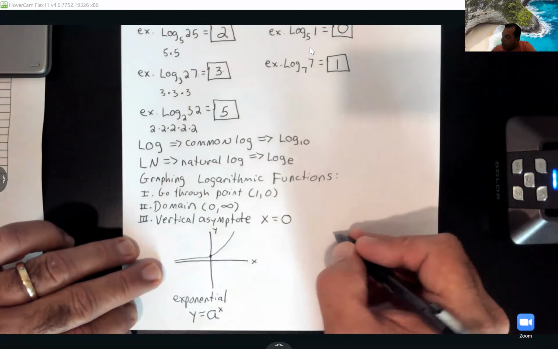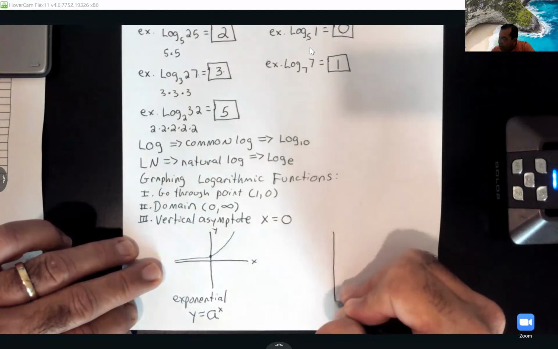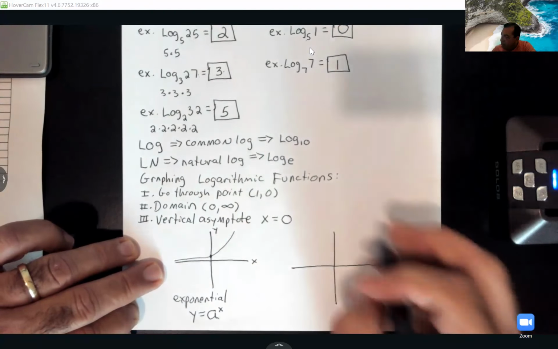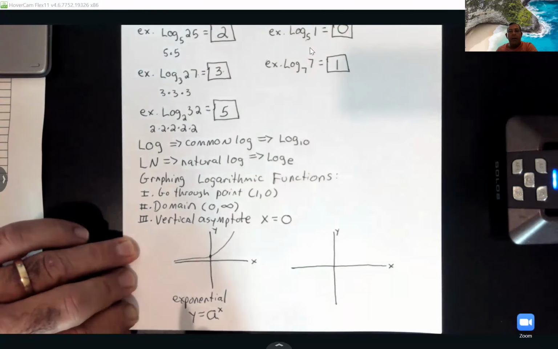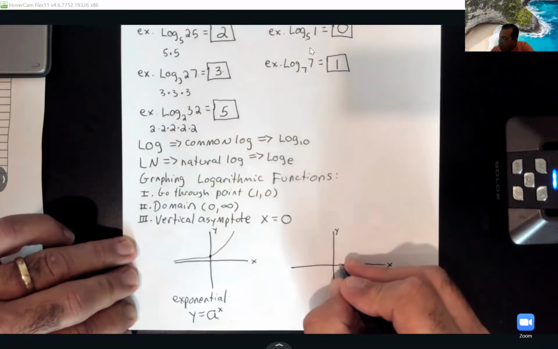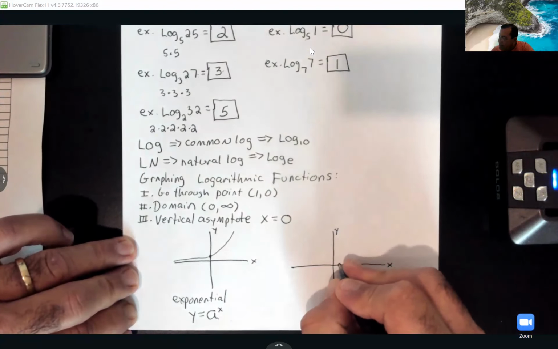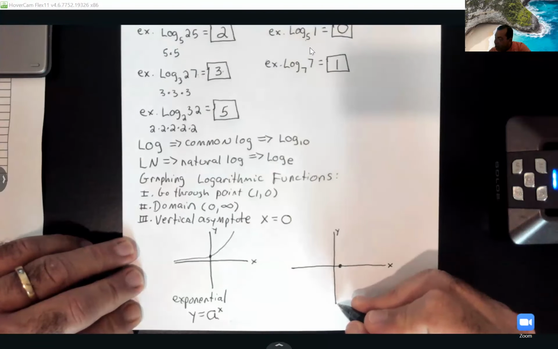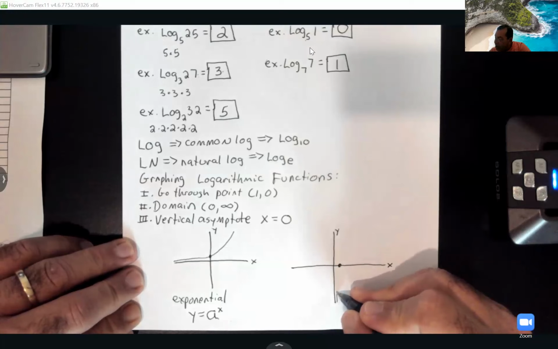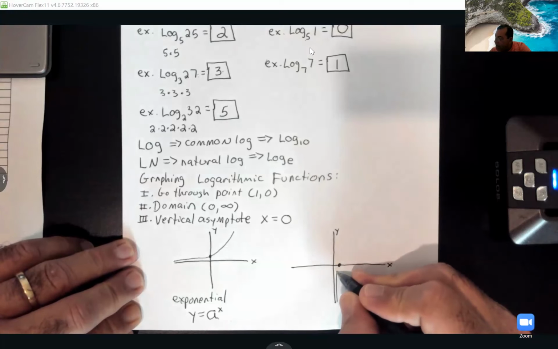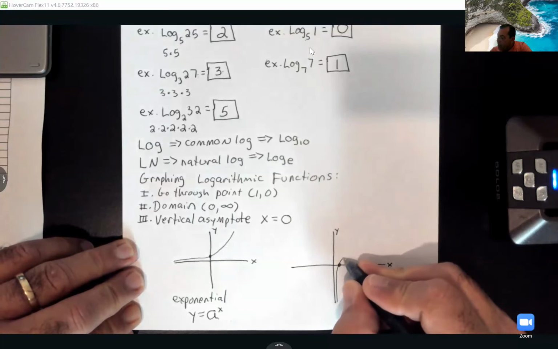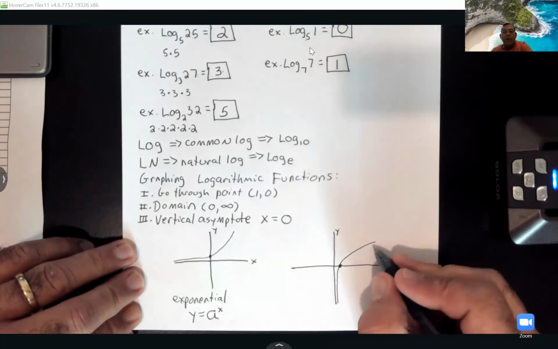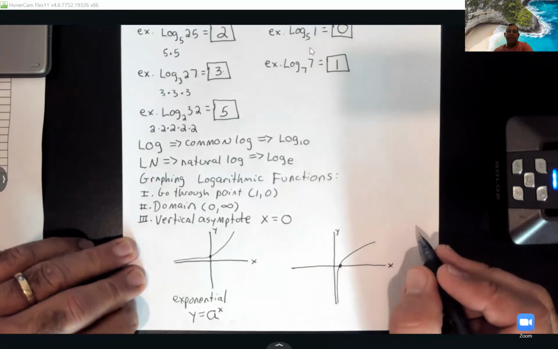Now our logarithmic graphs go through the point 1, 0 on the x-axis. They make a vertical asymptote. So what they're going to do is come up along the y-axis, go through that point 1, 0, and then rise toward infinity, okay?